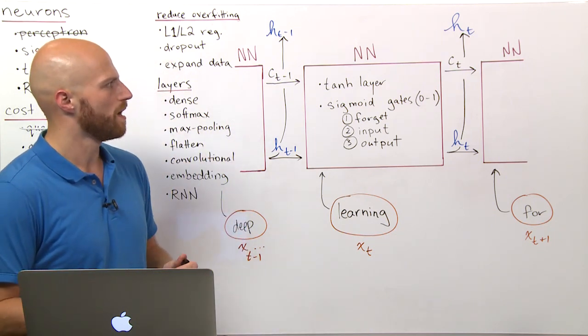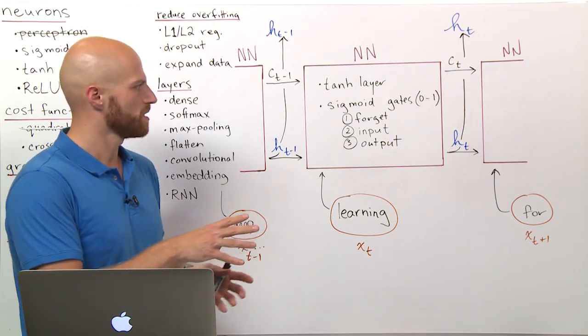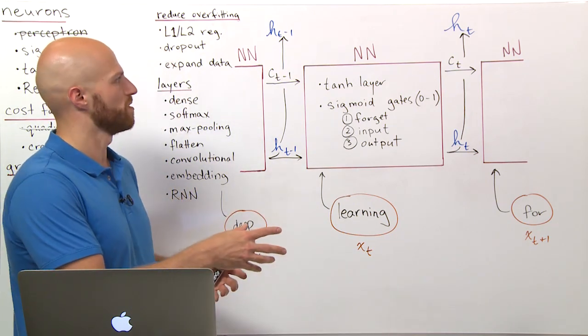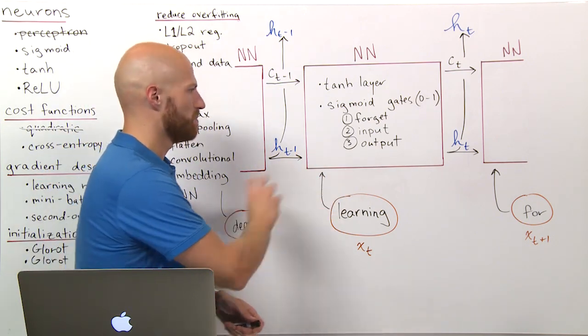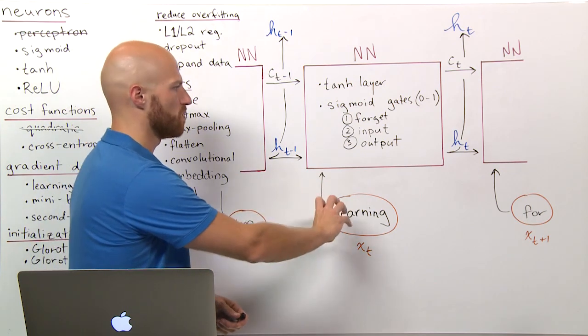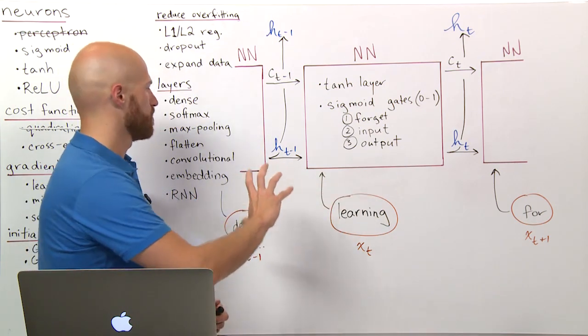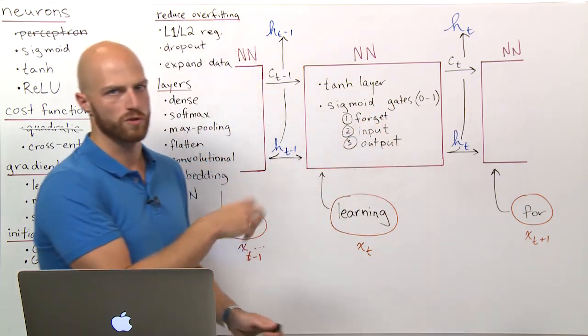Recall from the diagram earlier, we had a sentence, deep learning for natural language processing, and each of those tokens was passed into an individual little neural network module.